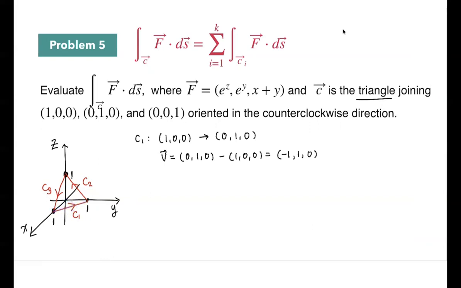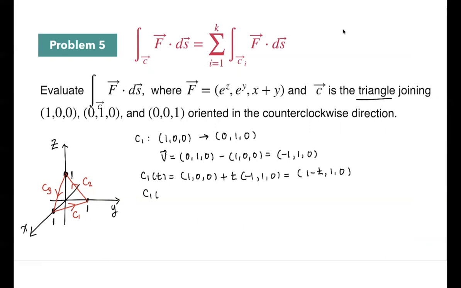And so if we set C1 of t as our first point, 1, 0, 0, plus tv, where v is minus 1, 1, 0, it will be given by 1 minus t, 1, 0.